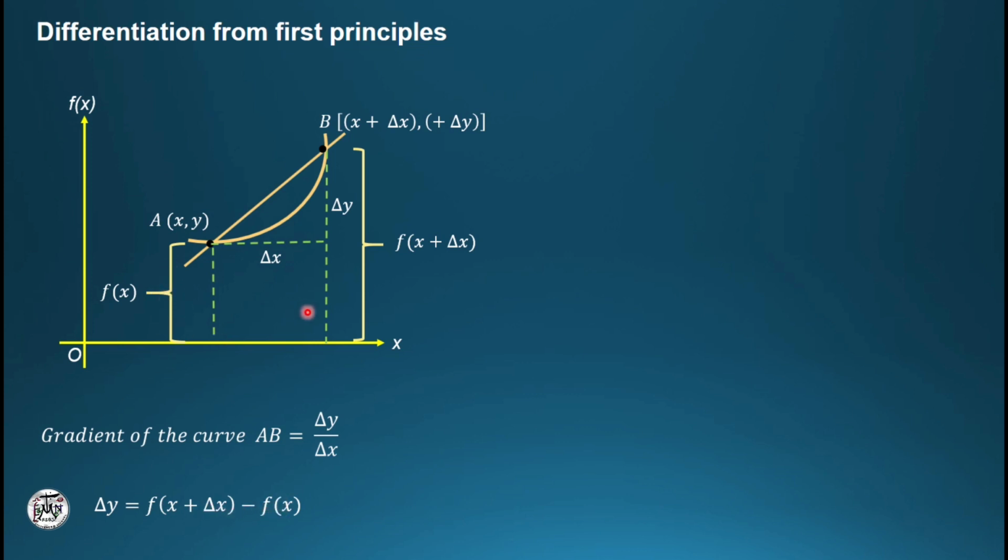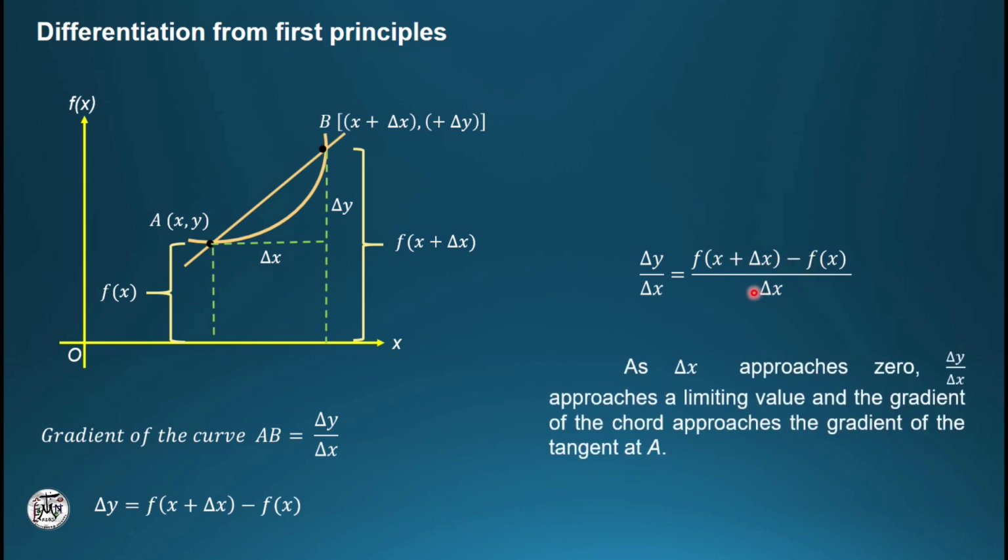So delta y over delta x is equal to f of x plus delta x minus f of x, over delta x. As delta x approaches 0, delta y over delta x approaches a limiting value, and the gradient of the curve approaches the gradient of the tangent at E.